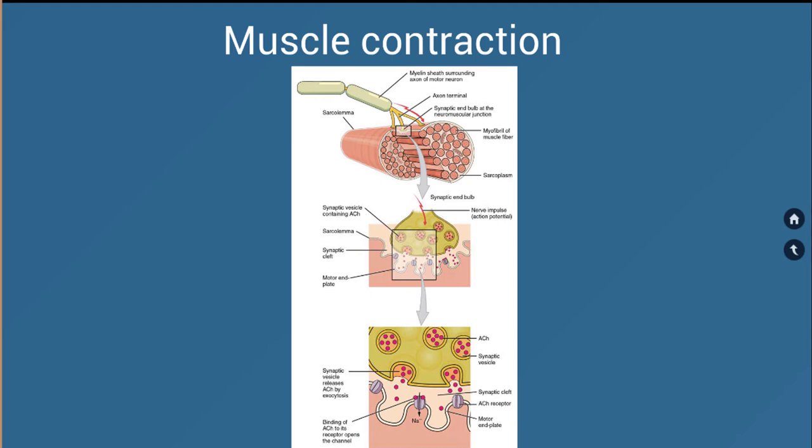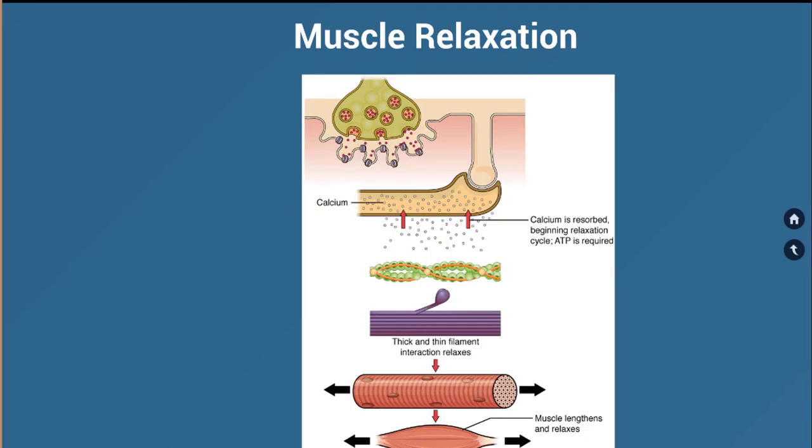Muscle contraction usually stops when signaling from the motor neuron ends, which repolarizes the sarcolemma and T-tubule and closes the voltage-gated calcium channels in the sarcoplasmic reticulum.